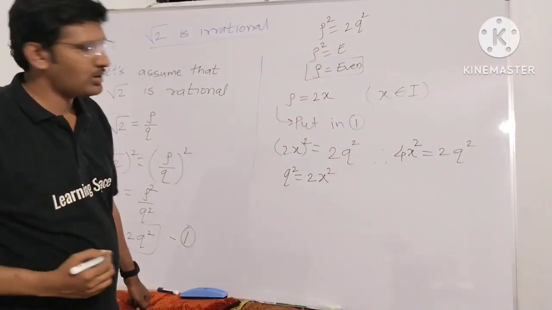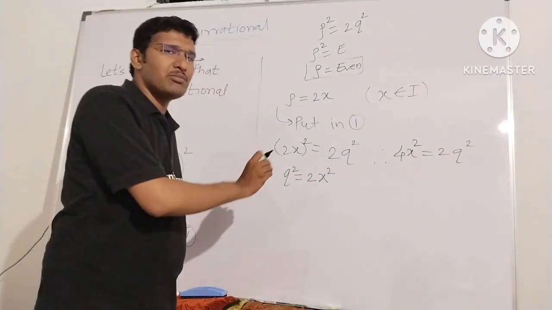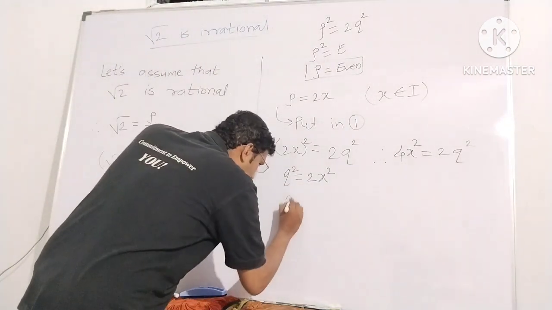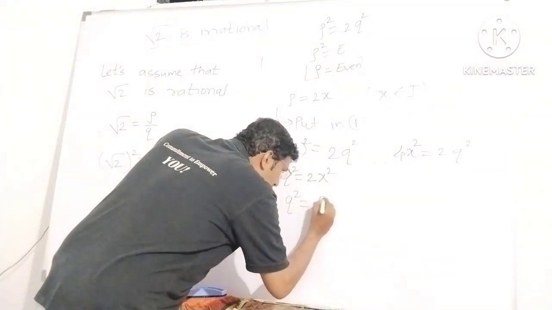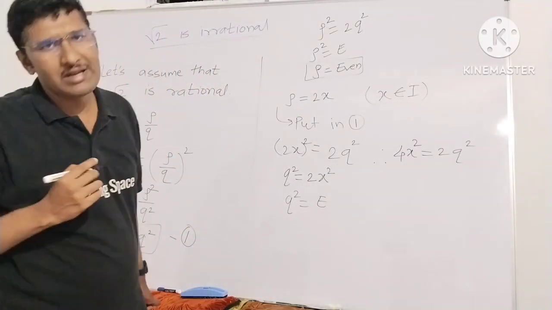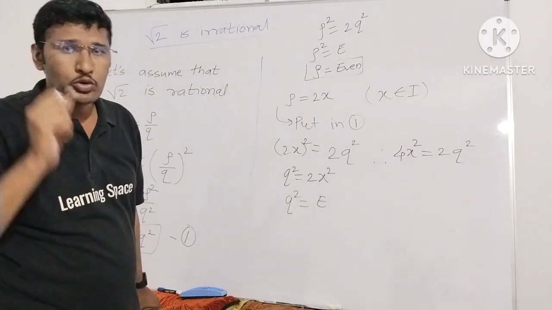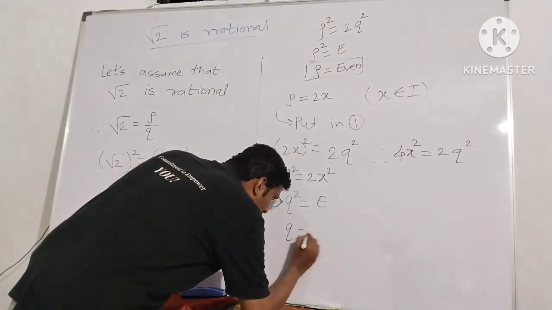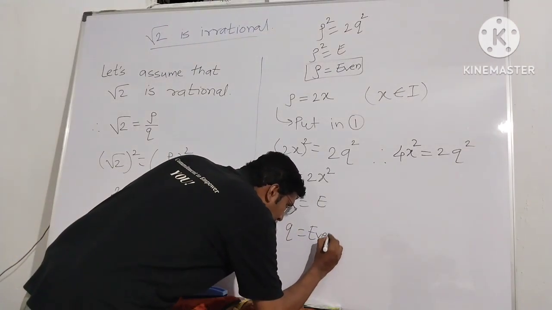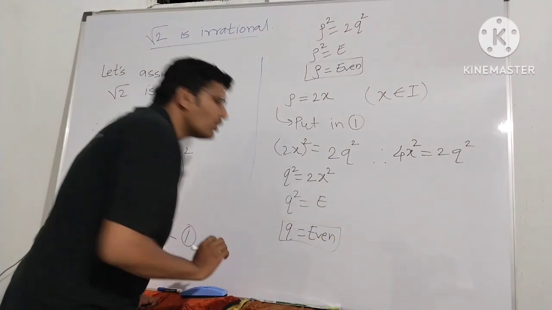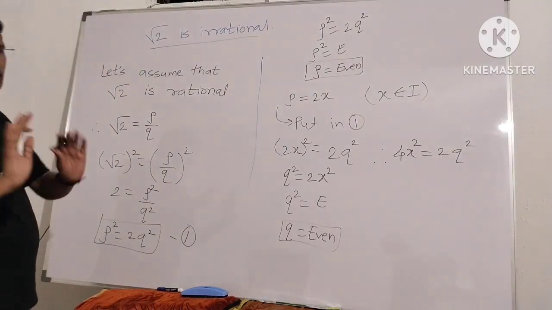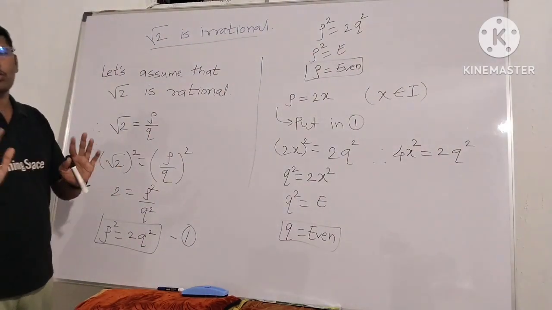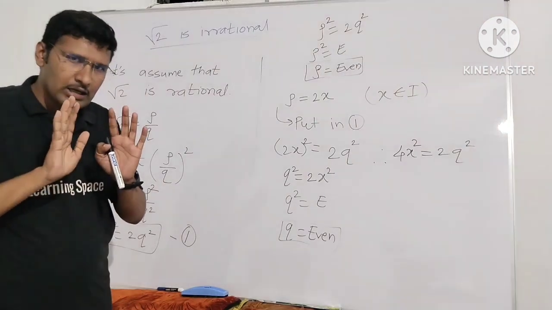Now pay attention. Here q square is a multiple of 2. So q square must be an even number. And if q square is an even number, then q is ought to be an even number. So q is also an even number. Now look here, we get a contradiction. p and q both have turned out to be even.